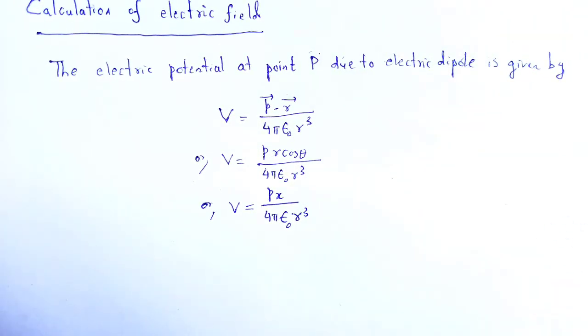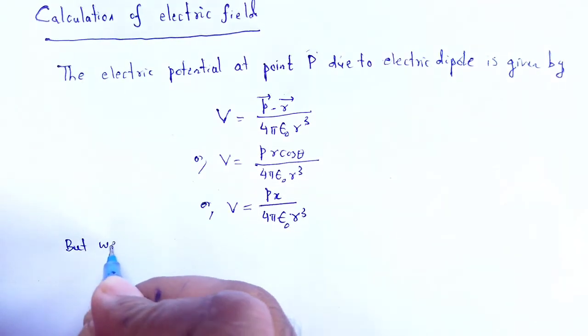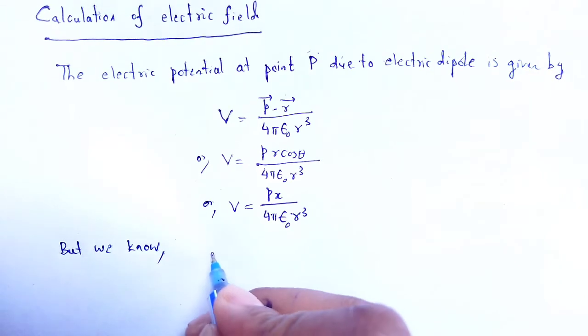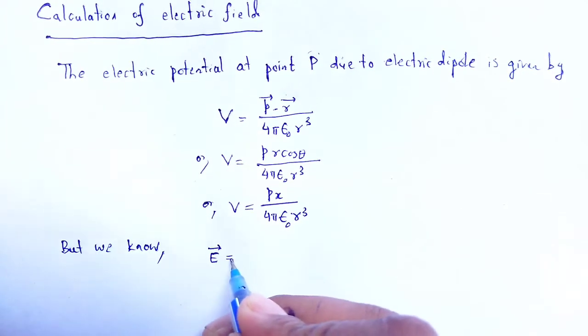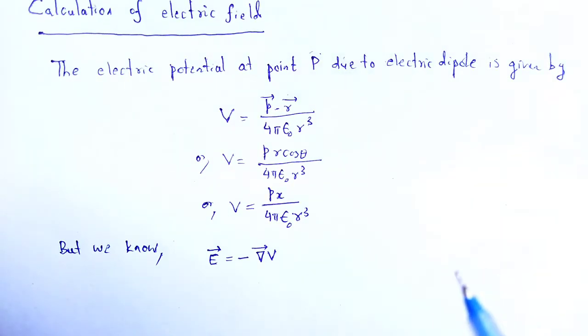But we know electric field is the negative gradient of potential. Electric field is the negative gradient of potential.